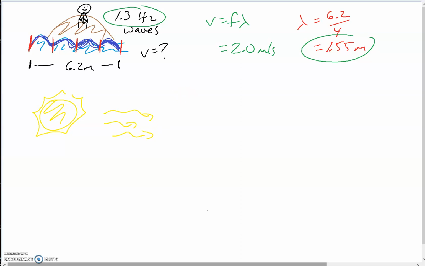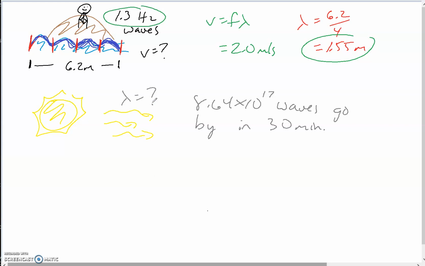But let's say 8.64 times 10 to the 17 waves actually go by in, let's say, 30 minutes. Okay, and I want to know what is the wavelength of that light right there.